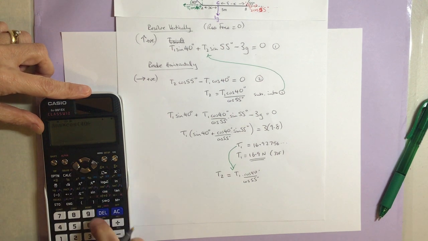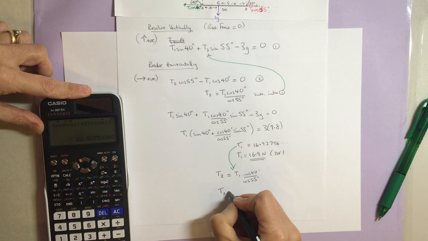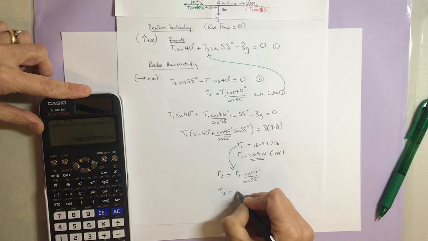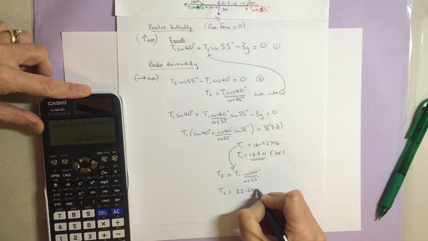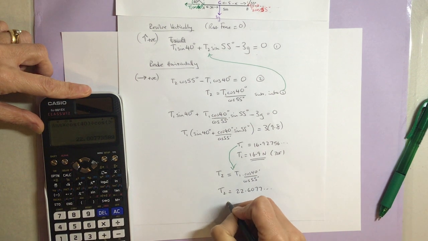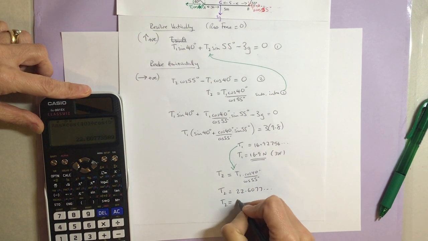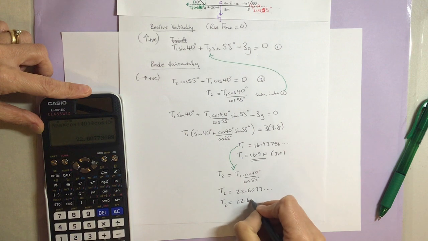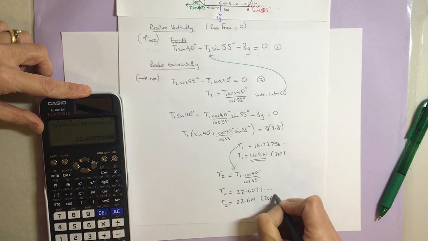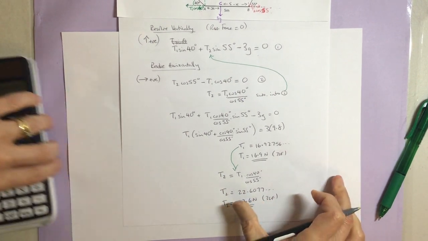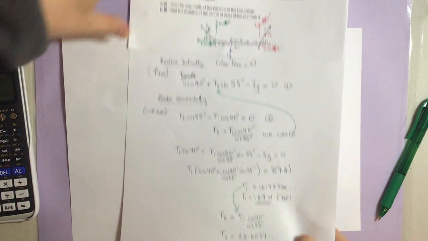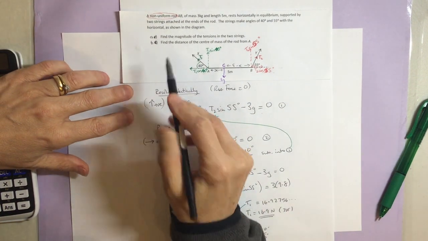It's not going to like that bracket again. Okay, there we go. Divided by cos 55. Close the bracket. And that's going to give me T2 is 22.6077. So T2 is 22.6 newtons to 3SF. Okay, so that's the first part. Let's move that down. That's the first part of the question done.